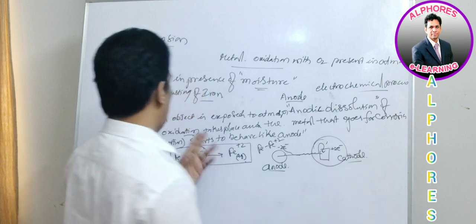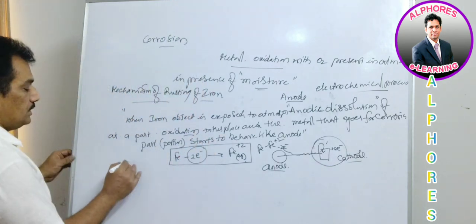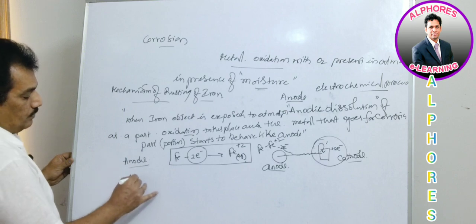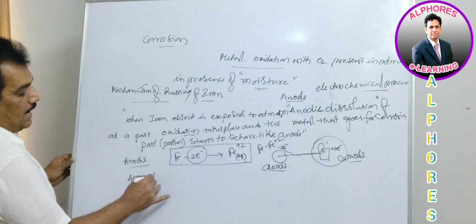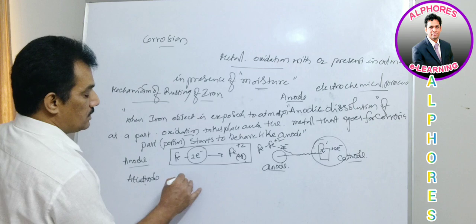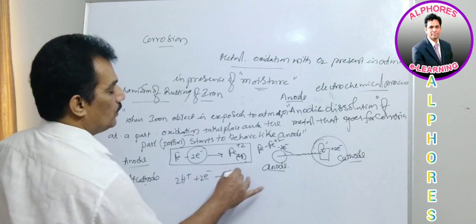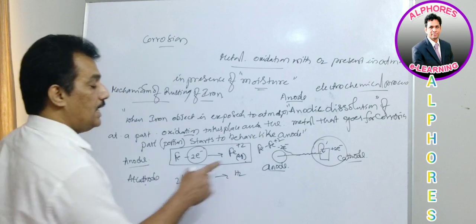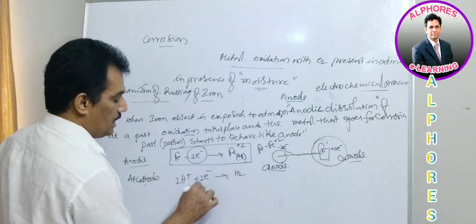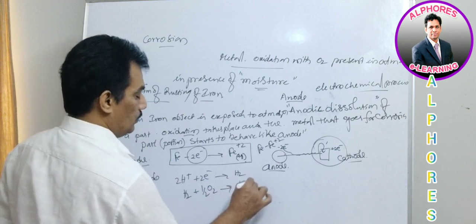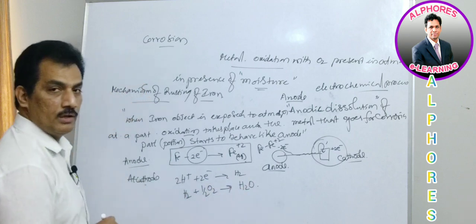And now let us consider what is happening at the cathode. This is the anode, if you observe. At the cathode portion, H+ takes these 2 electrons to get into H2. And now this H2, by reacting with oxygen present in the atmosphere, converts into H2O. Clear?